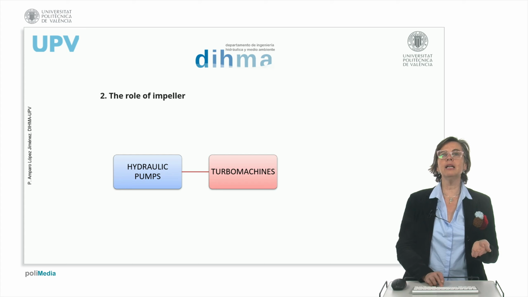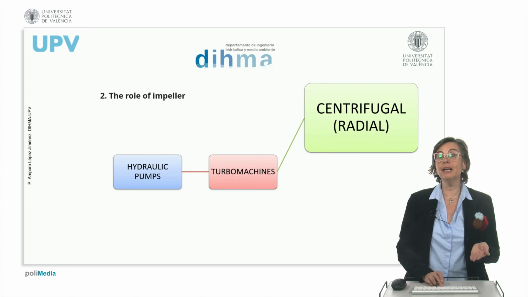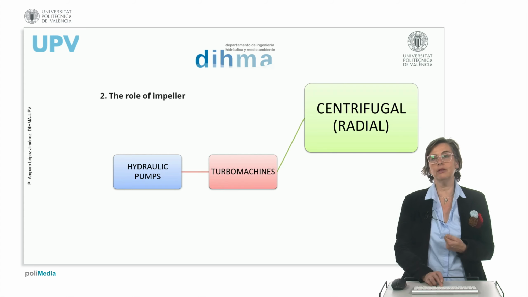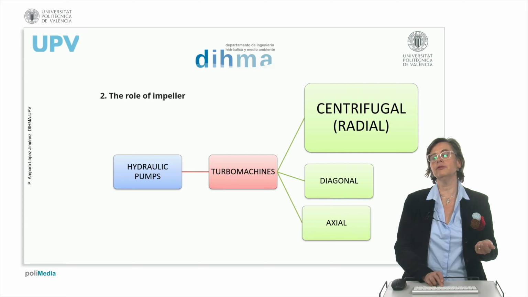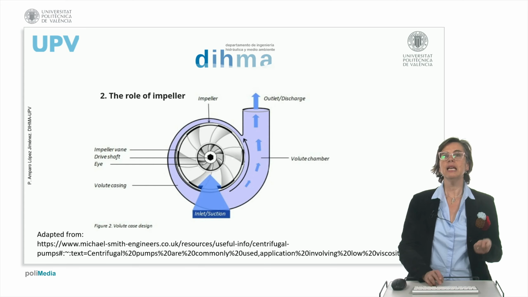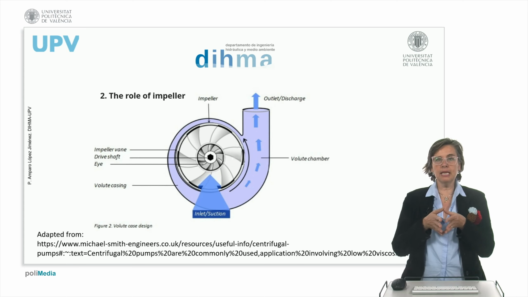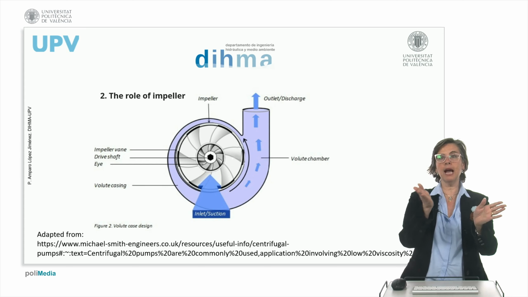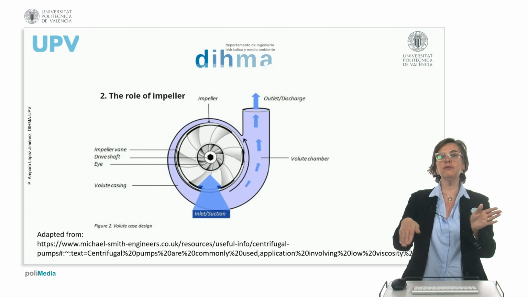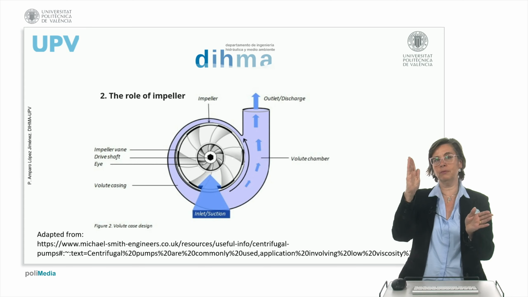So the impeller is so important that we have this representation. And now we are speaking about centrifugal or radial machines instead of diagonal or axial. In this case, the flow comes inside the impeller and it is centrifuged to the outside of the impeller and then recovered in the volute to go out of the machine.